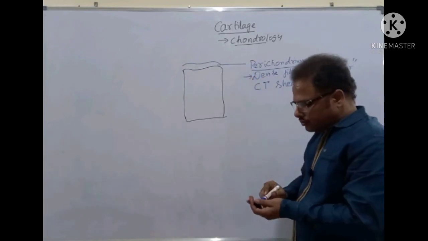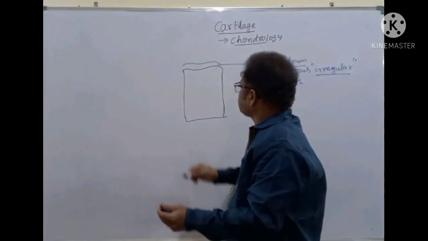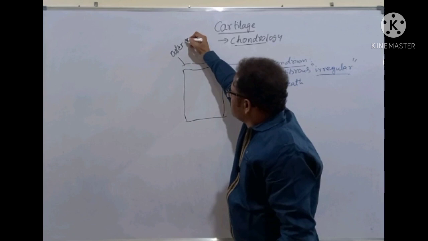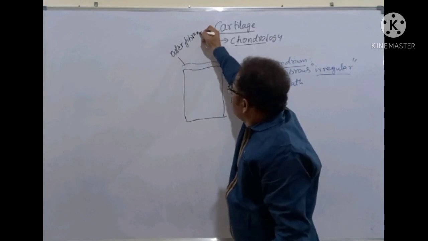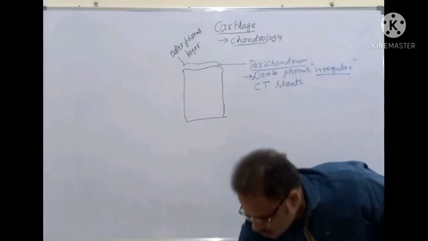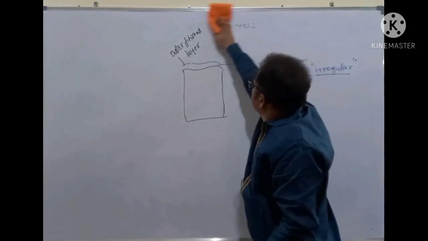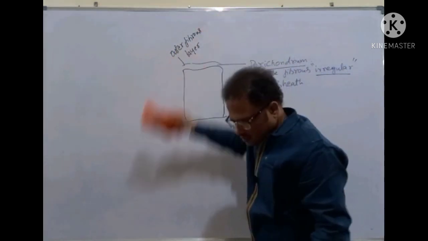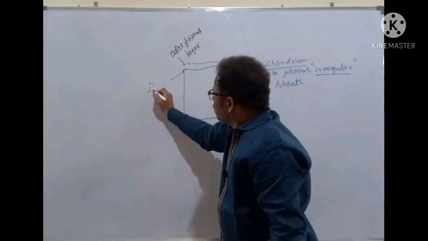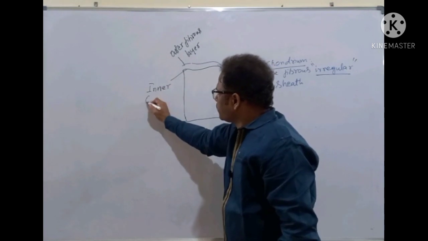The perichondrium contains two parts: the outer fibrous layer and the inner chondrogenic layer.